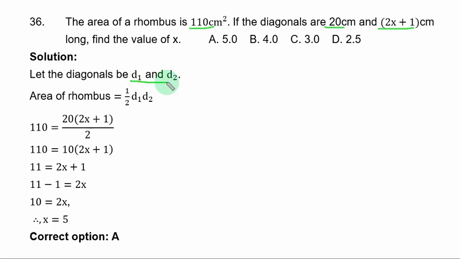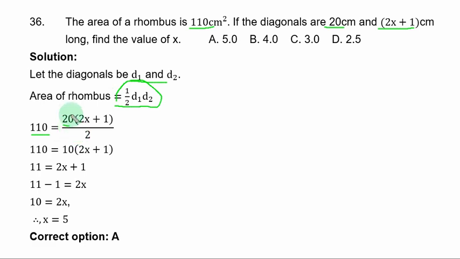The product of the diagonals times a half is equal to the area of a rhombus. So the area is 1/2 times d1, the first diagonal, times d2, the second diagonal. The area is 110. The first diagonal is 20, times the second diagonal 2s plus 1.